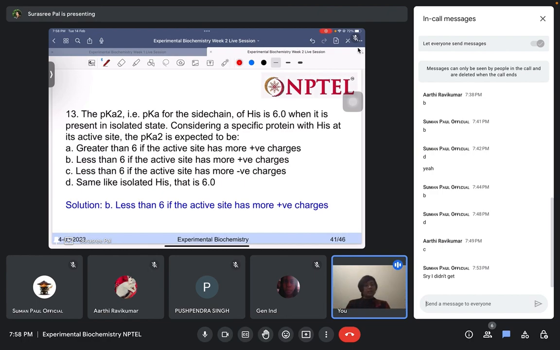But the determination of pKa of the side chain is difficult, because in a protein it exists in a complex form. A protein exists in a three-dimensional form, right? So there are many charges surrounding, many amino acids surrounding, so there are many interactions, right? Which is why it is not easy to determine the pKa in this kind of a condition.